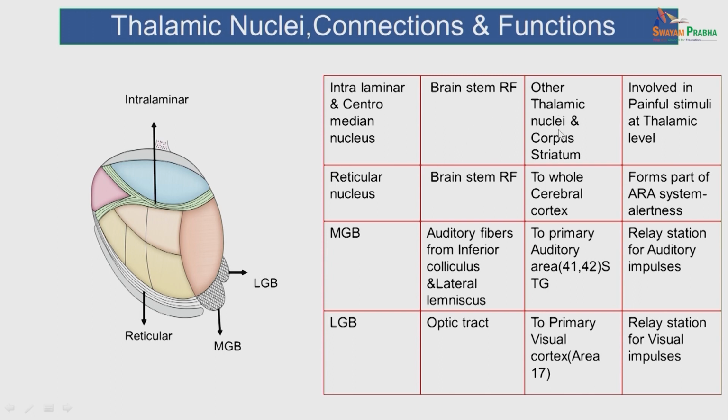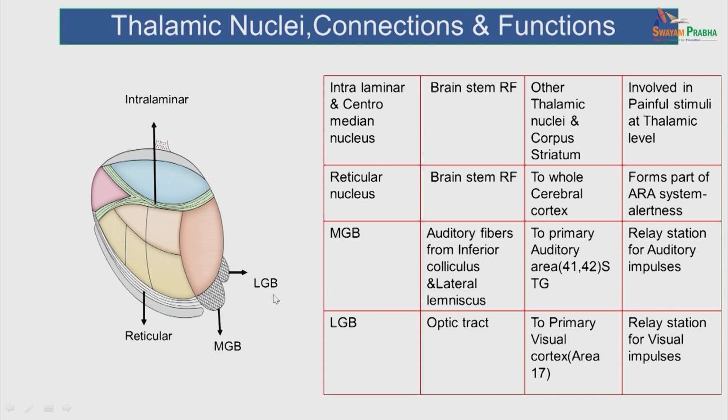The efferents are sent to all the other nuclei of the thalamus, and it is mainly involved in painful stimuli at the thalamic level. The painful stimulus can be felt at two levels, one at the thalamus and one at the cerebral cortex. So, this nucleus handles the painful stimulus which the person experiences at the thalamic level.